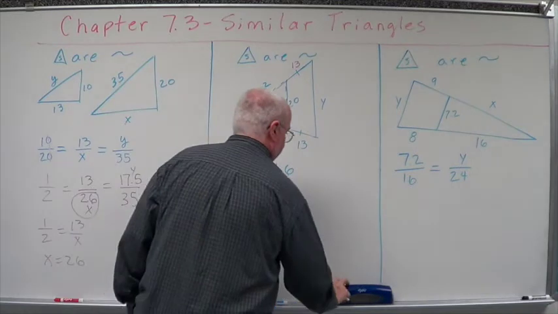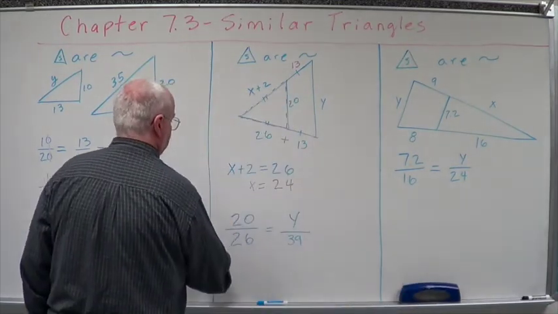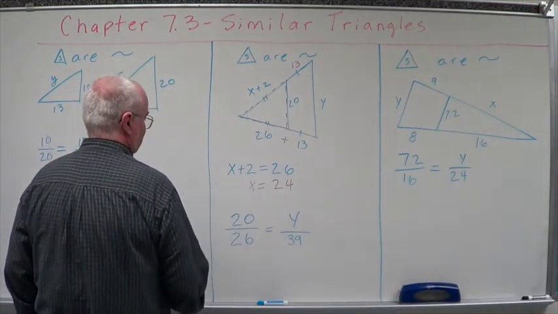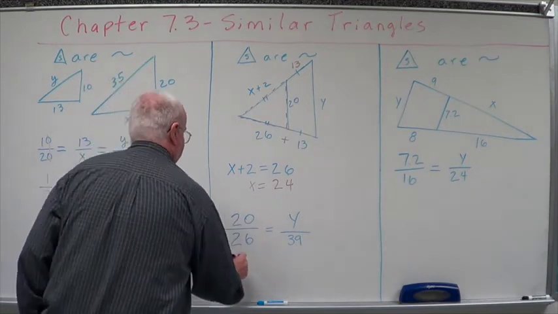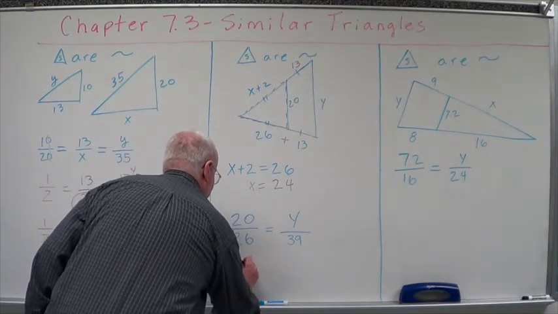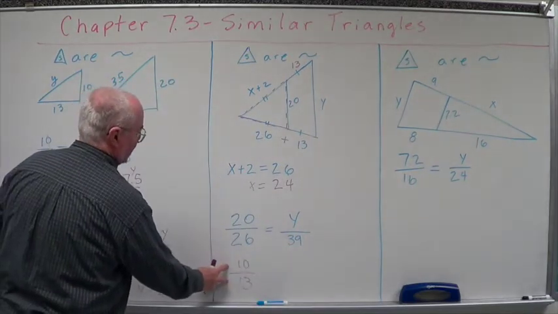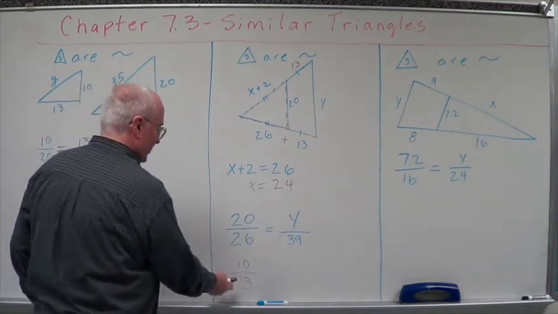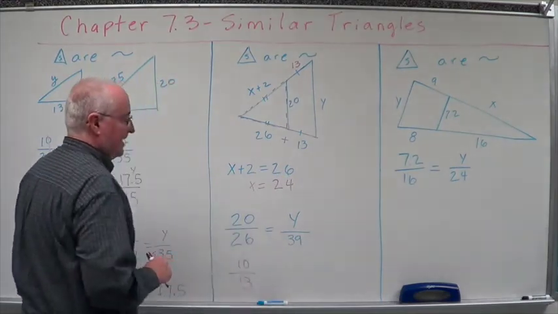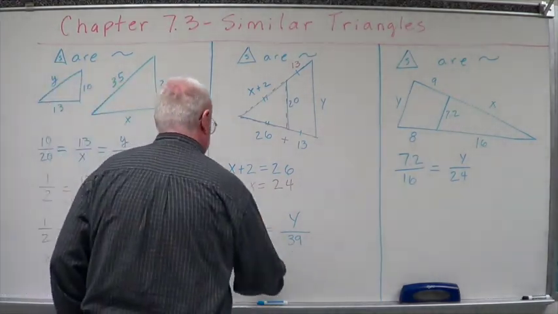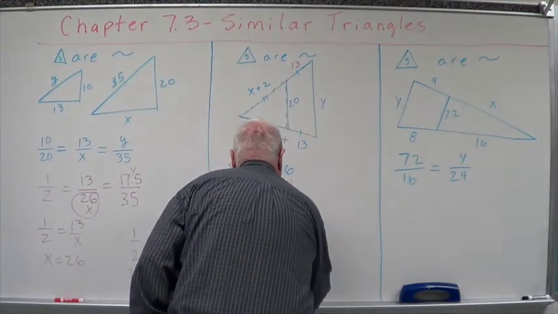Well, what's this right here? Take out 2, we've just got 10 is to 13, right? 10 is to 13, we took out a 2. Well, how many times does 13 go into 39? Well, let's just do that straight out.